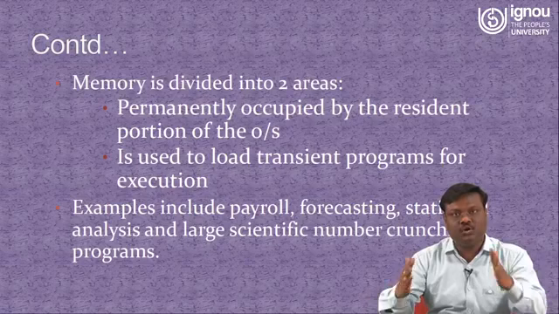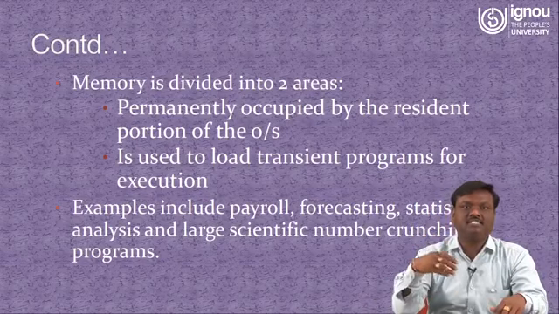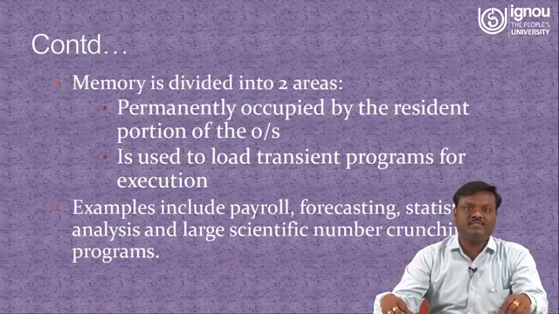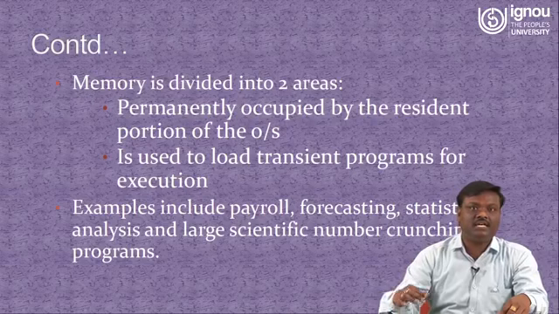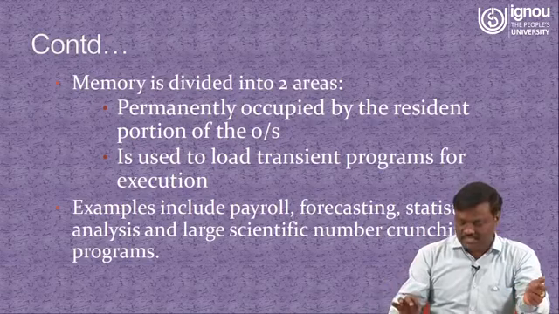So the whole RAM is divided into two parts: one for the OS and the other for transient programs. Examples include payroll, weather forecasting, statistical analysis, and large scientific number crunching programs. All these programs should be coordinated by the batch operating system.